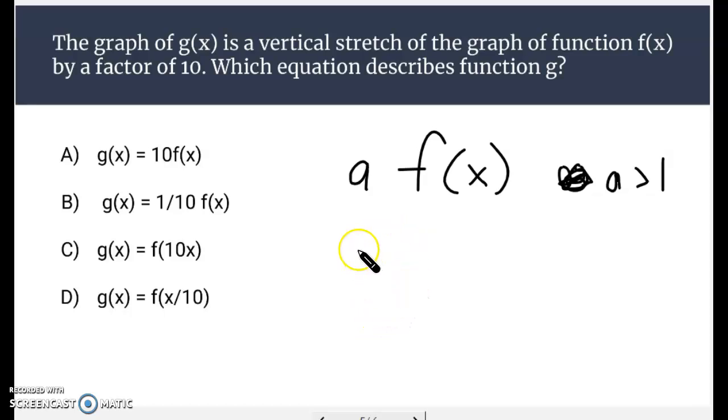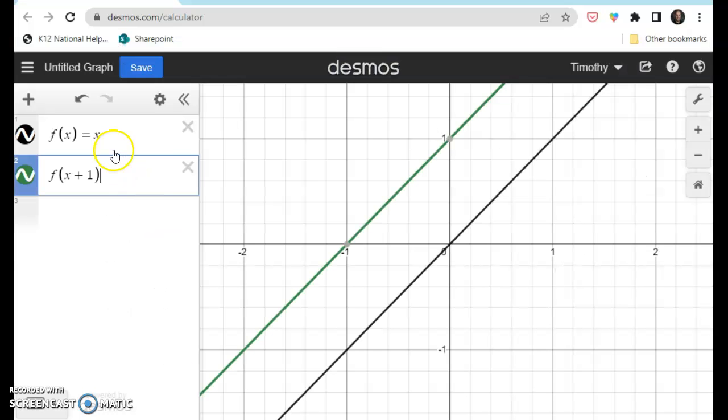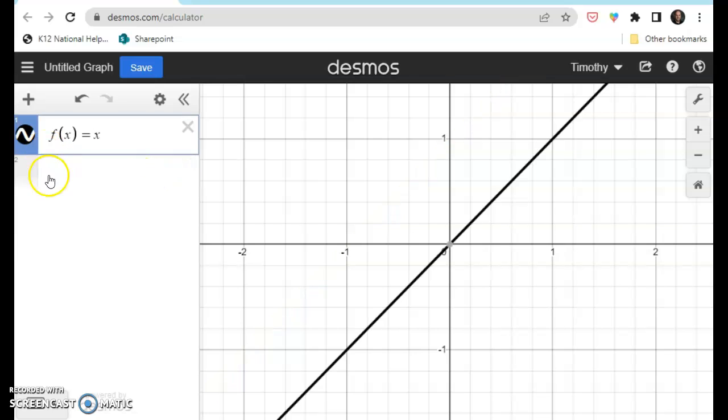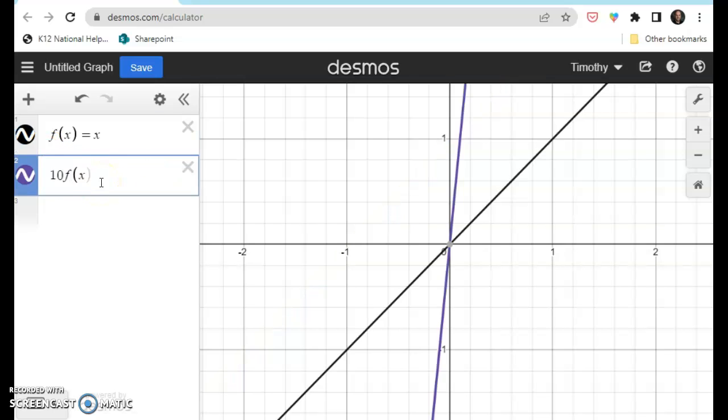It stretches it vertically. However, if a is less than 1, but also greater than 0, meaning a fraction, it will shrink it, stretch it horizontally, or some say compress. Let's have a quick look at that and try that out here. Back to our function f of x. Let's say I want to multiply f of x by 10.